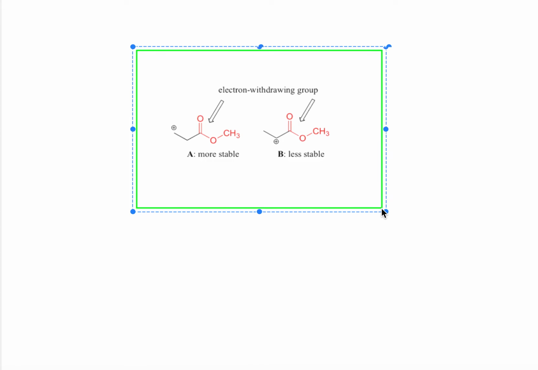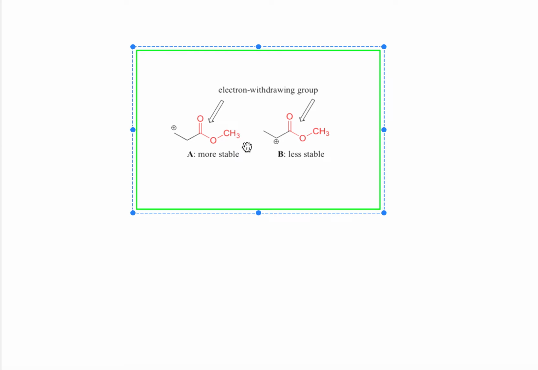Those are carbonyl esters. In example A, we have a primary carbocation, whereas in example B, we have a secondary carbocation. If you ignore all the stabilizing factors of carbocation stability, then you can wrongly conclude that the second molecule B with secondary carbocation can be more stable as compared to molecule A, where we have a primary carbocation.